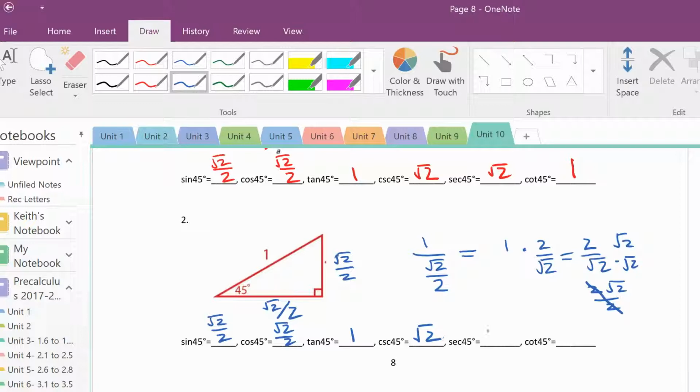So that's the cosecant and the secant. They're the same. Notice it matches up there. And the cotangent is rad 2 over 2 divided by rad 2 over 2, which is 1. So notice it holds true regardless of what the hypotenuse is or the sides are. In any 45-45-90, these ratios will be true for sine, cosine, tangent, no matter what the sides are.